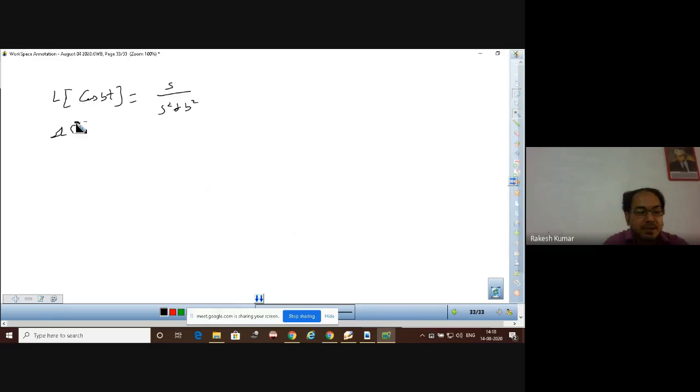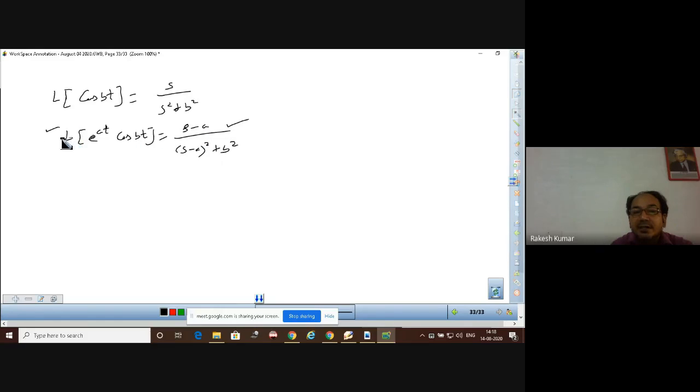And by using the first shifting theorem, you can write down Laplace of e raised to power at into cos of bt, which comes out to be s minus a whole square plus b square in the denominator, with s minus a in the numerator, by first shifting, because in the exponential function the coefficient of t is a, so we change s to s minus a on the right hand side.